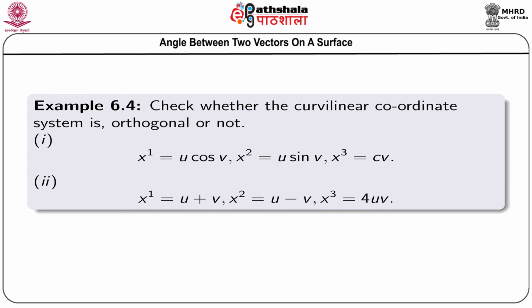The first surface is a helicoid and the second surface is a hyperbolic paraboloid. So, we shall try to find whether the curvilinear coordinate system is orthogonal or not for these two surfaces.